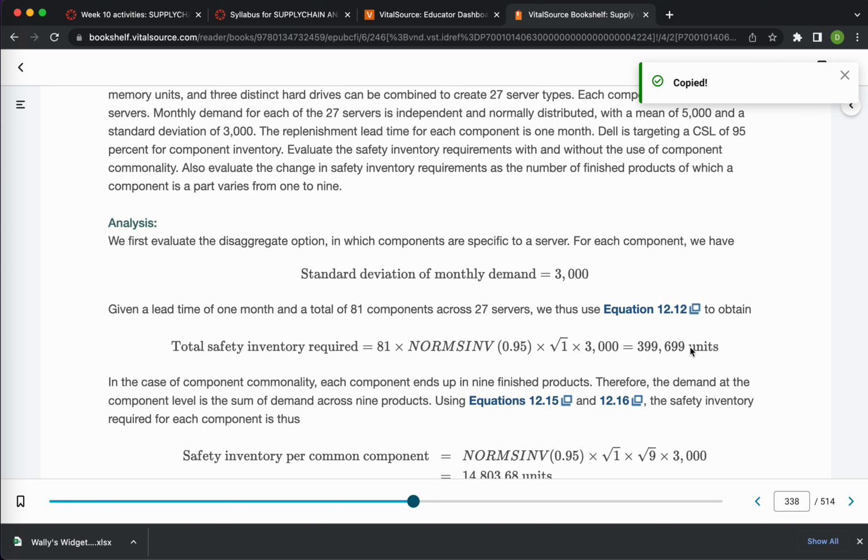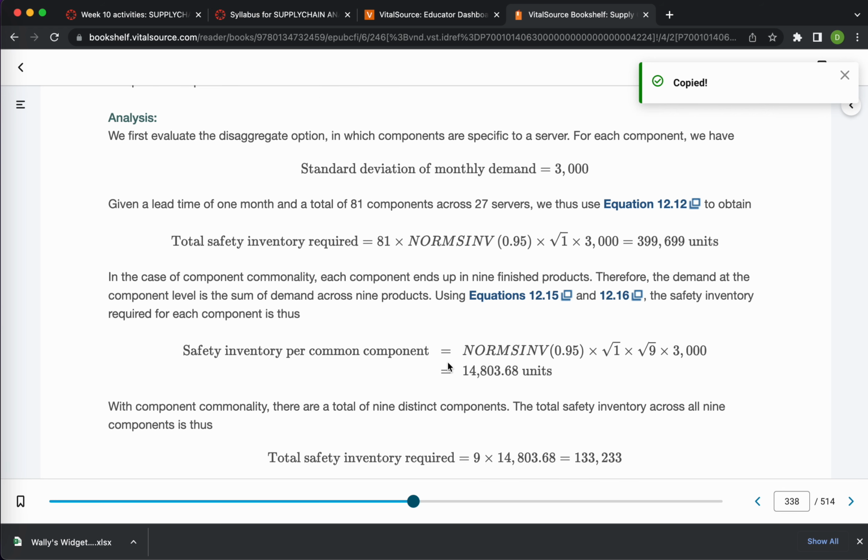In essence, you'll be holding 399,699 units in safety inventory of different items, but we are assuming that the costs are similar. So we have so many components that we are holding in inventory.